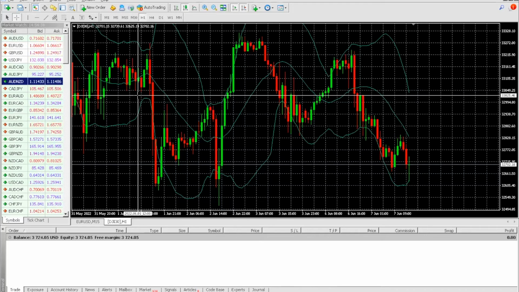US 30 will give you a quick return in maybe 1 or 2 hours. The other indices will not move like that. They give volatility but not that much, though the direction will be the same. Sometimes Germany 30 is already down by 1% or 2%, so it will be stuck there for another 4 or 5 hours.